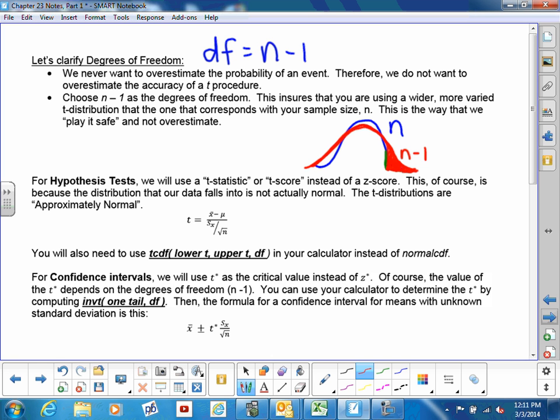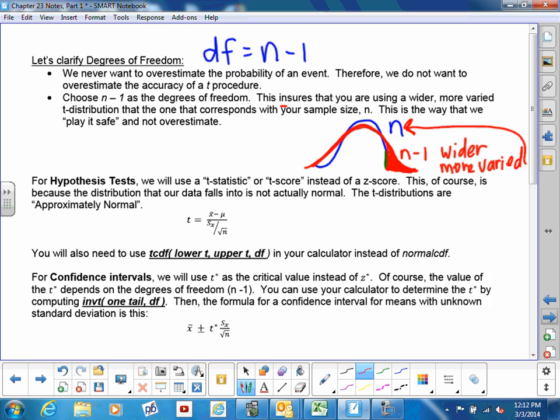Okay? So we're just going to use the next curve down, the n minus 1, which is a little bit wider and more varied than straight up using the curve based on our sample size, because we just want to be extra careful.